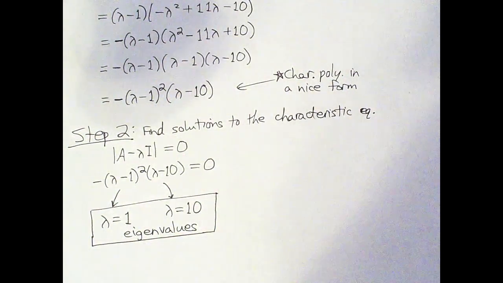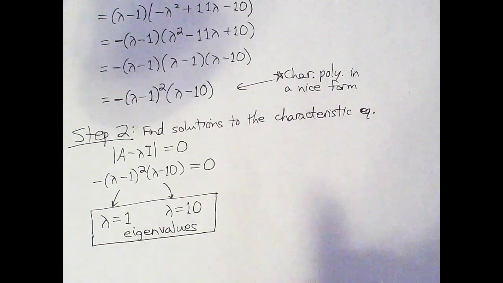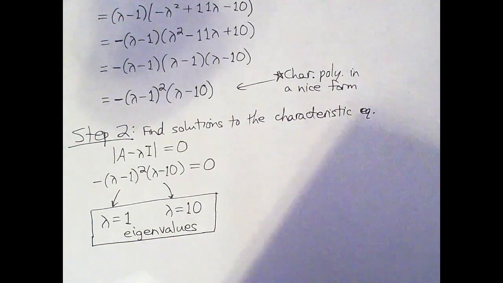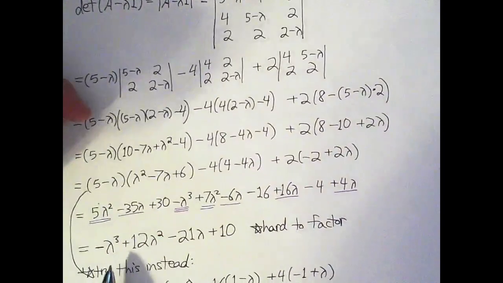We're done with step 2, but we have more to do because this problem, if you remember how it was phrased, said find the eigenvalues and bases for the corresponding eigenspaces. So this is part of the answer. We found the eigenvalues. I want to remind you of one thing before we move on to step 3. The characteristic polynomial that we found was cubic, right?